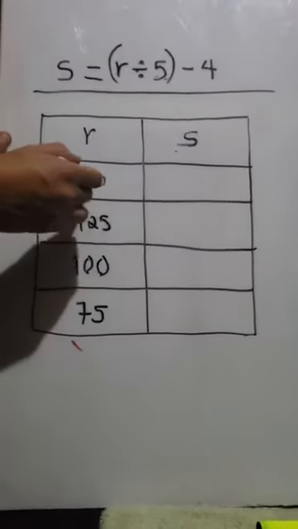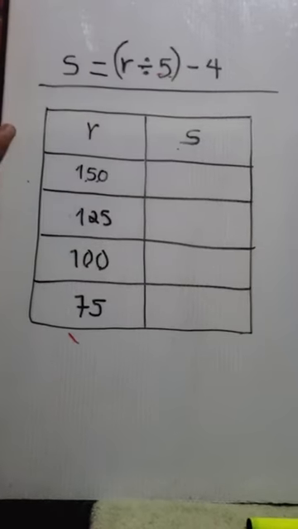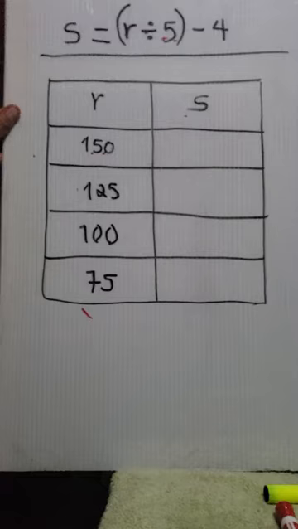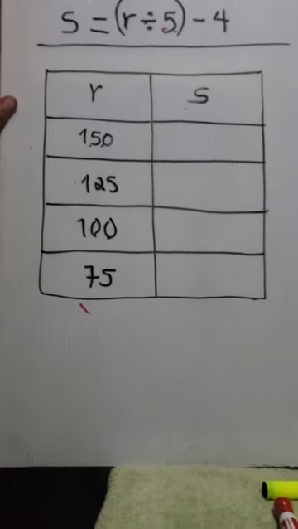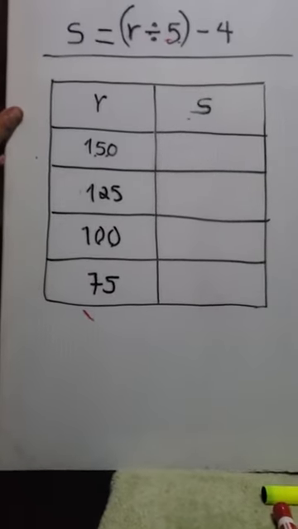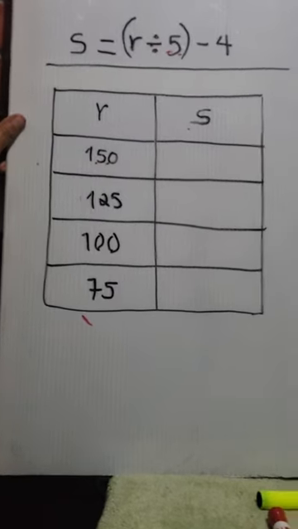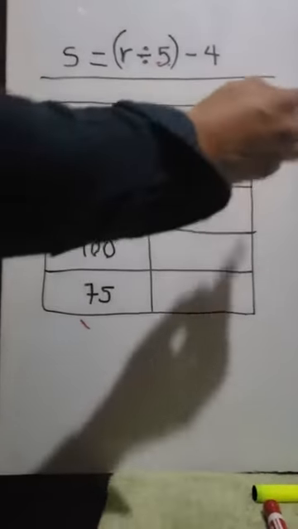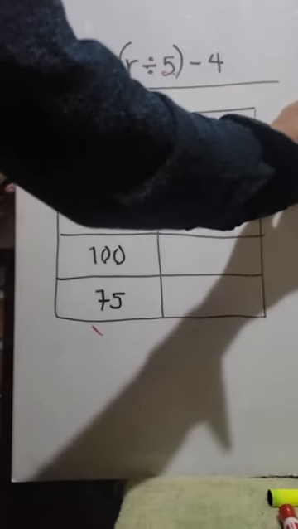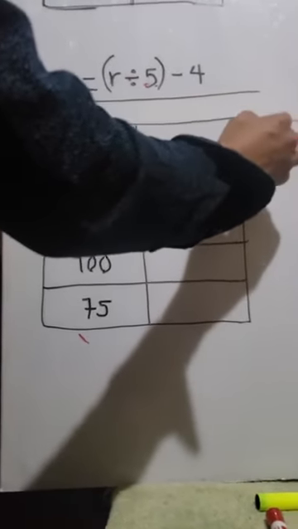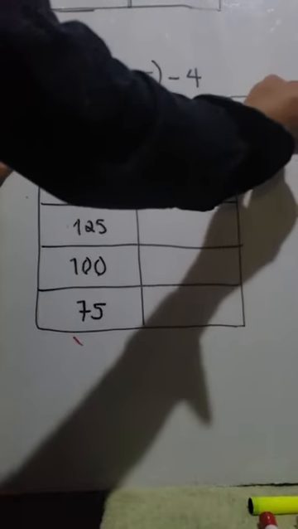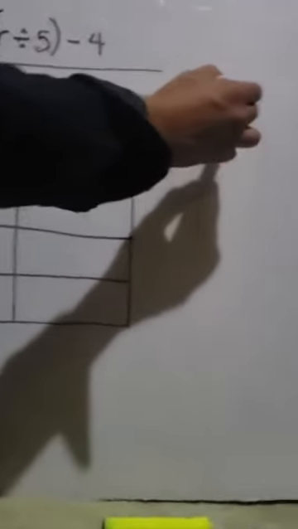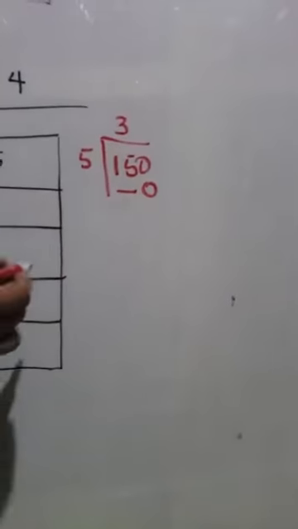Let's see. 150 divided into 5, that will be 10, right? Is it 10? No. So we can do it this way. 150 divided by 5, that will be 30. Okay, and we get a 0.